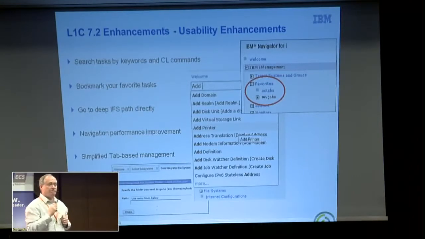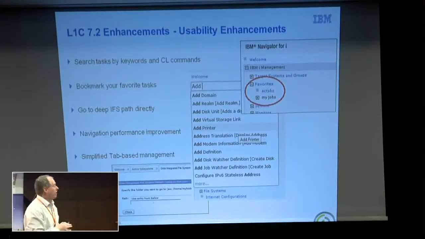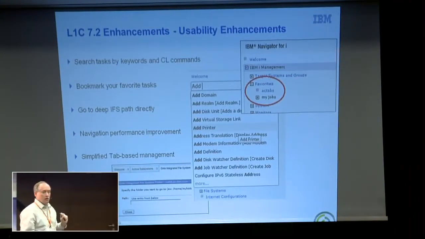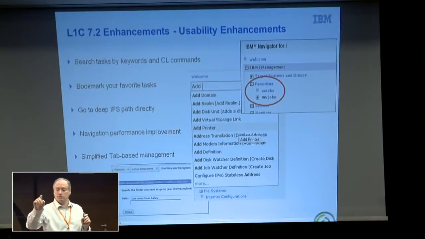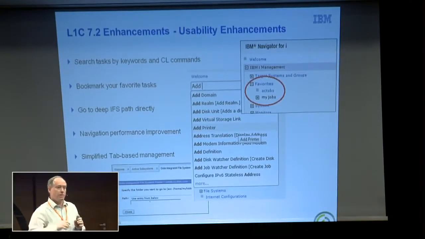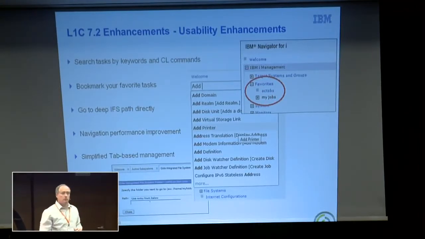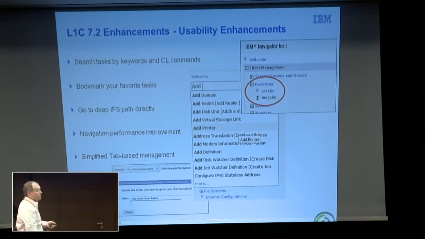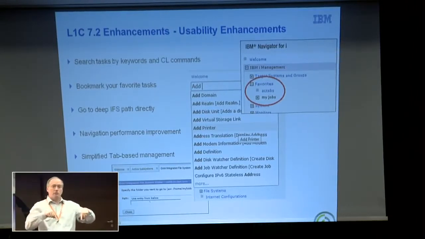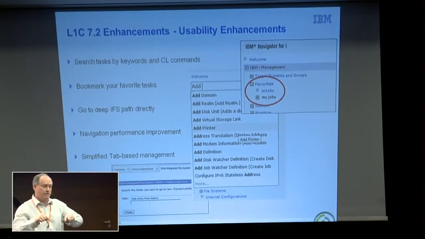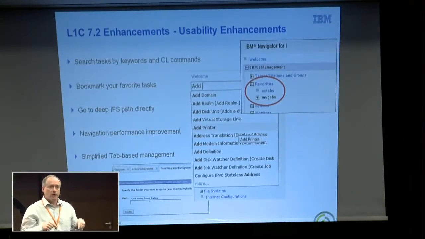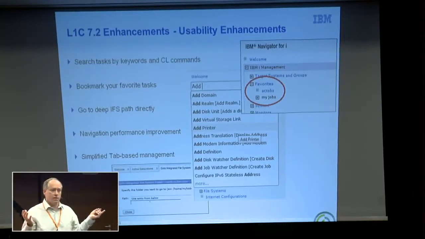The ability to find what you're looking for. We created a favorites list. So I can go to my favorite place, click on the table, and I can build my own navigation. So that you click, you're immediately taken there. We all know the names of the screens by the CL command name, right? WRKACTJOB, work active job.